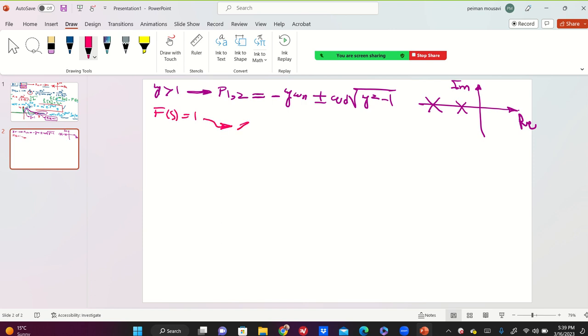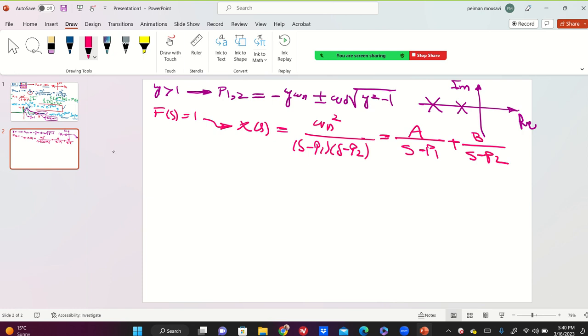From here, you get X of s going to be omega n square over s minus p1 times s minus p2. Two distinct poles. This is a classic that we have done 10 times in this class. So this can be written as A over s minus p1 plus B over s minus p2, which is A times s minus p2 plus B times s minus p1 over s minus p1 times s minus p2.